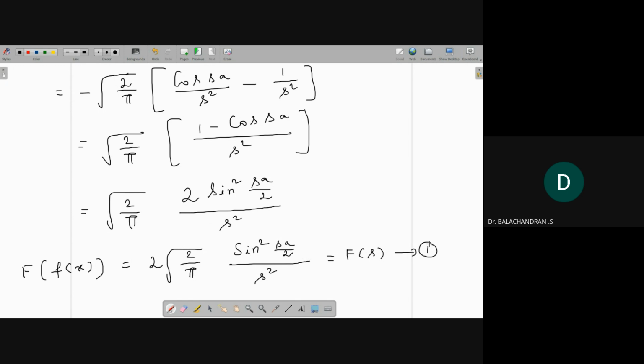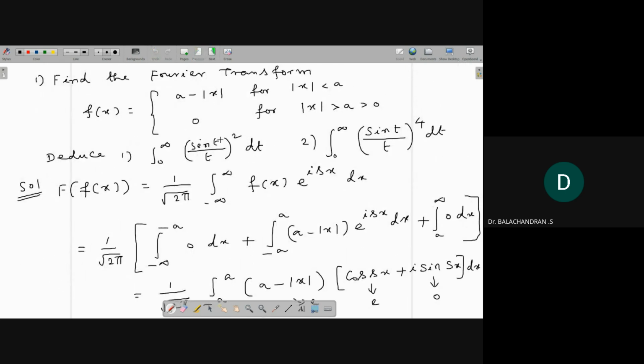Okay, you can keep it as it is, no problem. Now, I think here you have the reduction part. First part is over. Find the Fourier transform. Reduction part: sin t by t whole square.